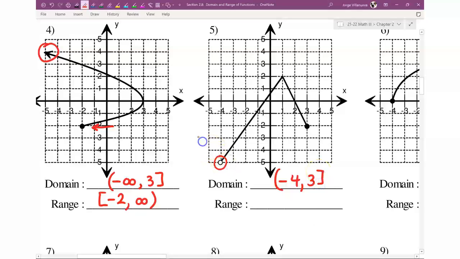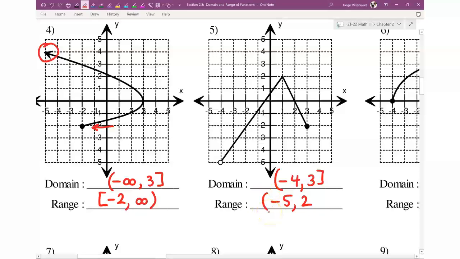All right, range. How low does this go? What's the lowest you see it drawn? At -5. And what's the highest? At 2. Good. Should I include -5? I mean, there's an empty circle, so I shouldn't include it.